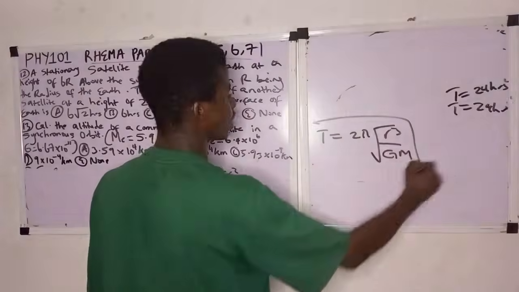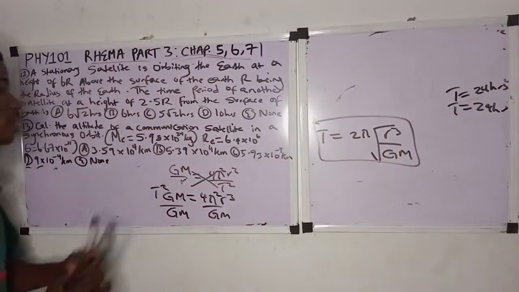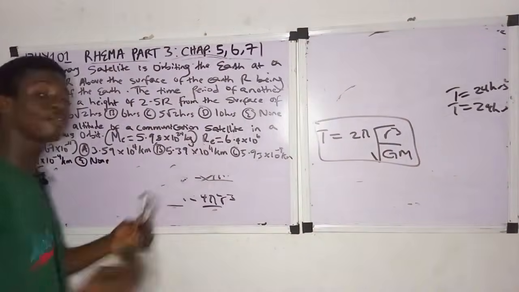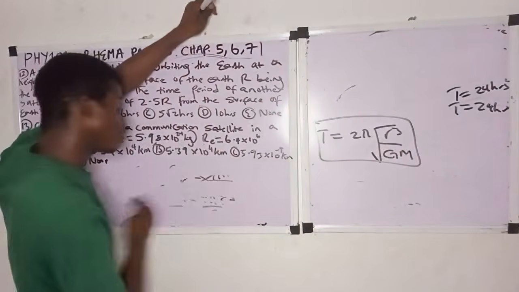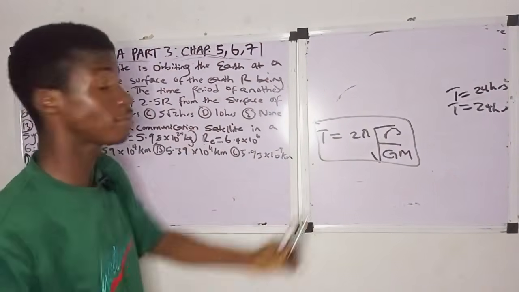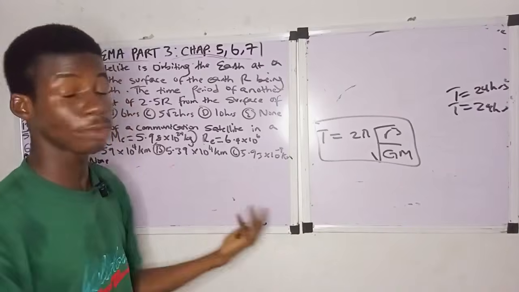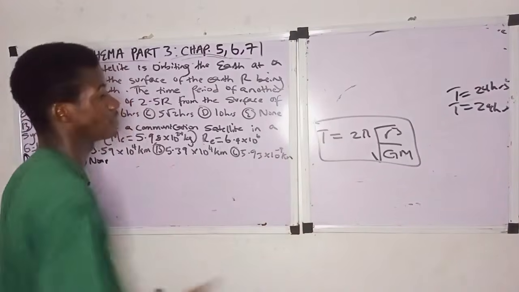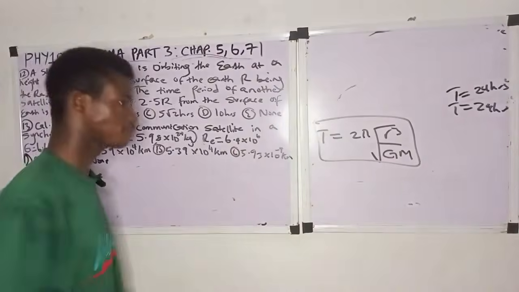This is the formula to calculate the orbital period. I've derived this in our previous class under the topic gravitation, where you will see how I derive it. So this is the formula.